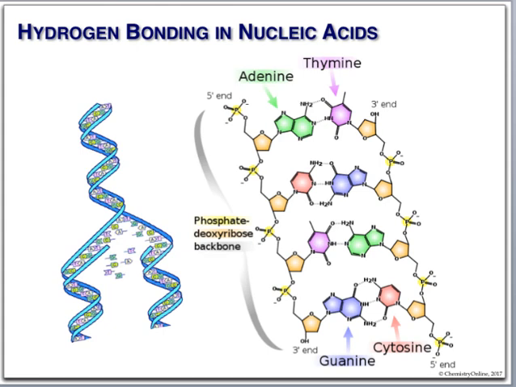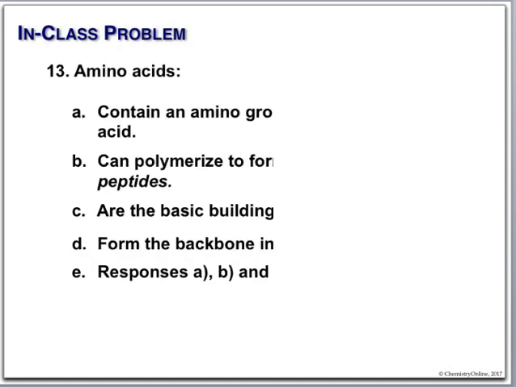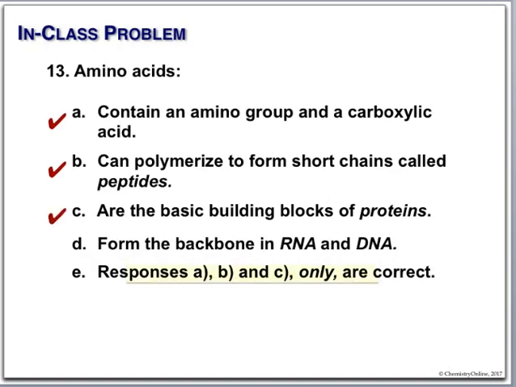Do you see an amino acid anywhere? No. The DNA bases hydrogen bond to each other. That's how they pair up. Here we have a backbone of sugar and phosphate on both sides, but no amino acids. Therefore, the correct answers here are A, B, and C, and E is the correct response.